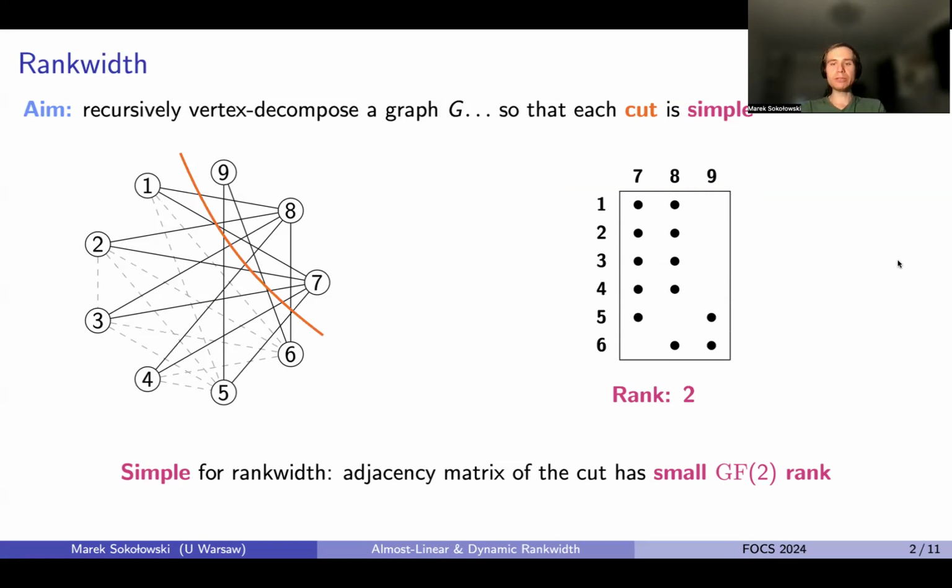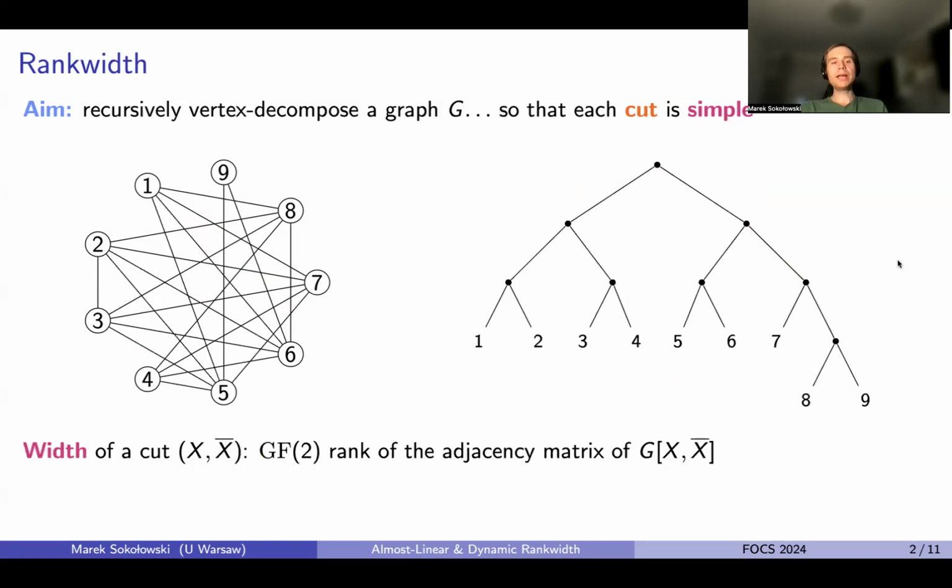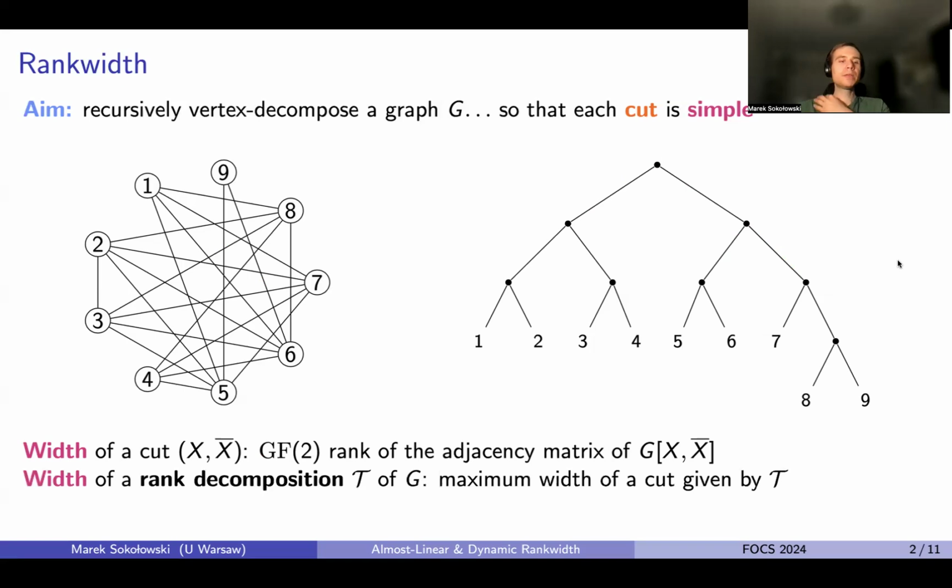If we interpret that matrix as a 0-1 matrix in the binary field, its rank in the binary field is 2. Now the width of a cut between the set of vertices X and its complement is the binary rank of the adjacency matrix of that cut.